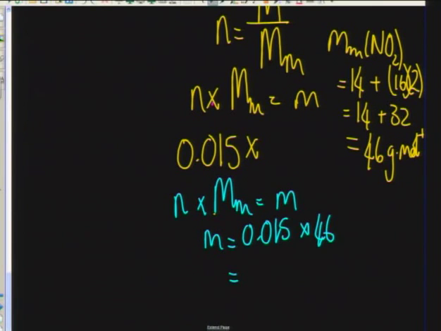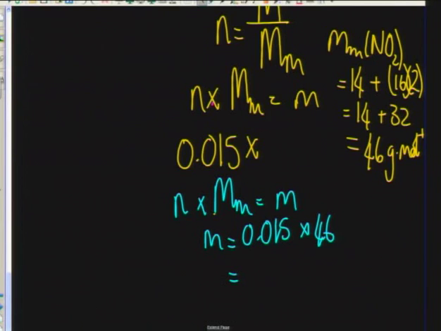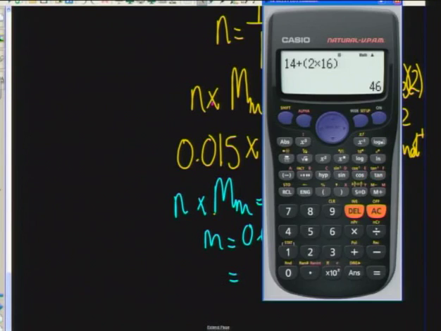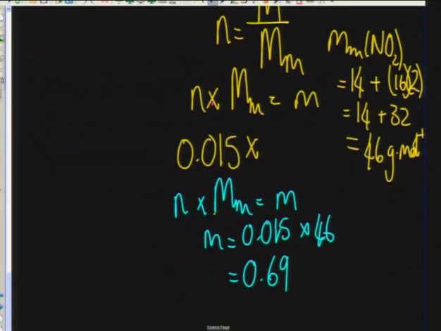Let's just go back here, grab my calculator, multiply by 0.015. Okay, and that's giving me 0.69. Write down our final answer, 0.69, and the unit is going to be in grams.